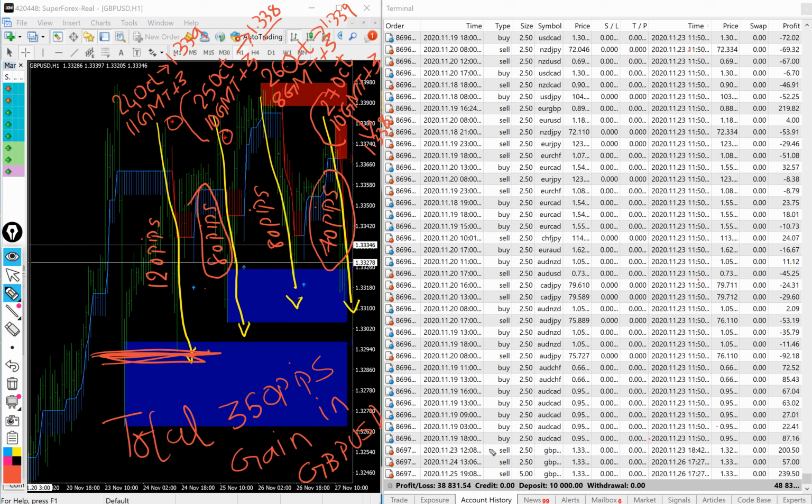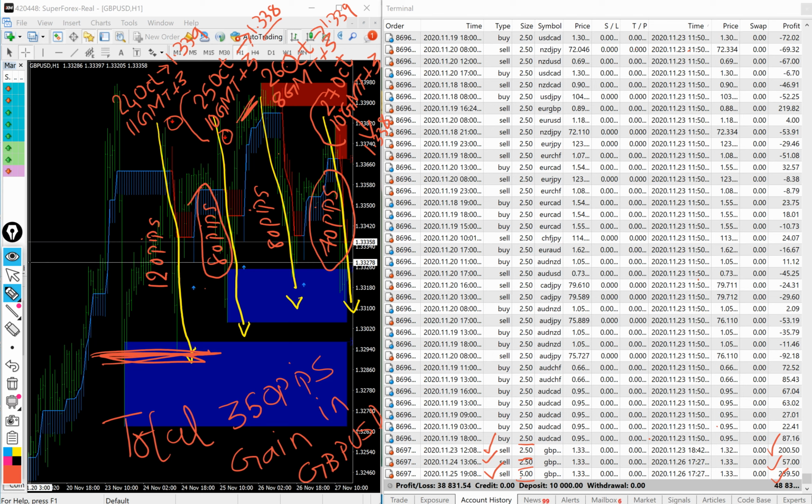One was made on 23, one on 24, one on 25, and profit is booked in all 3 trades. Two were placed with 2.5 lot size, but the third, on 25th November, was placed with 5 lot size.